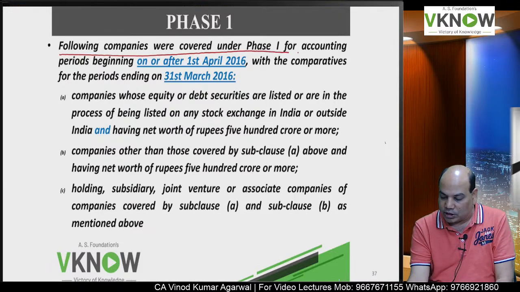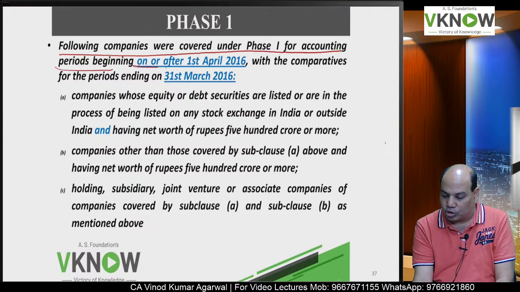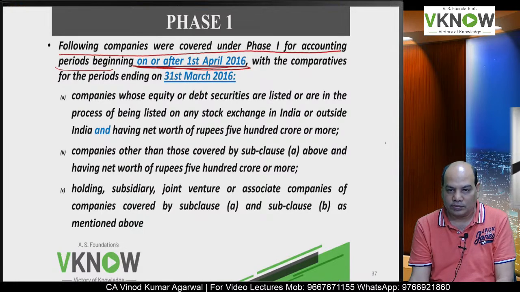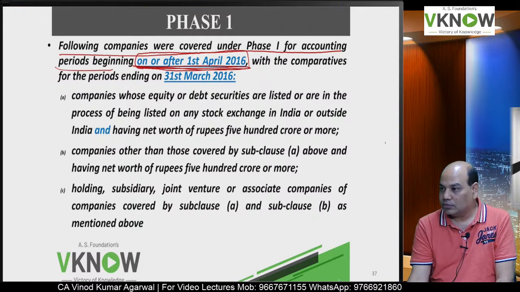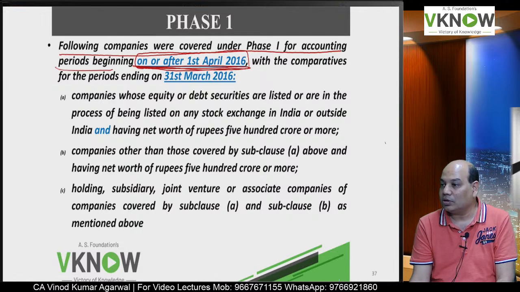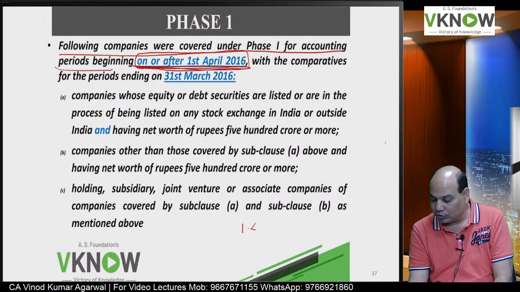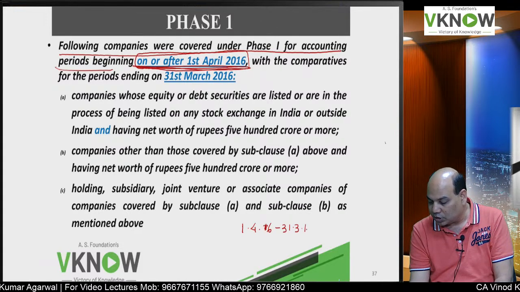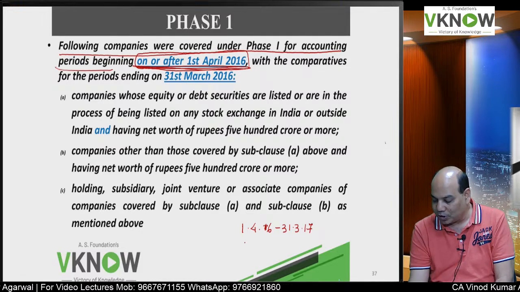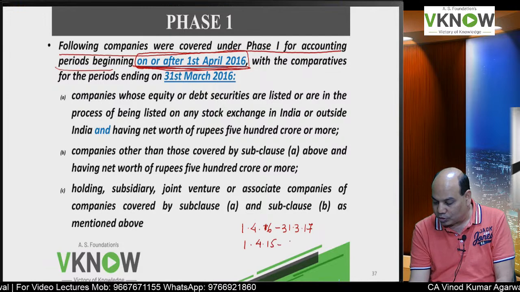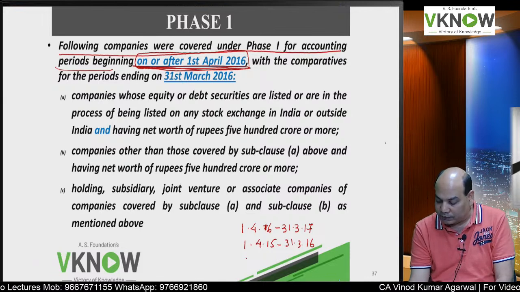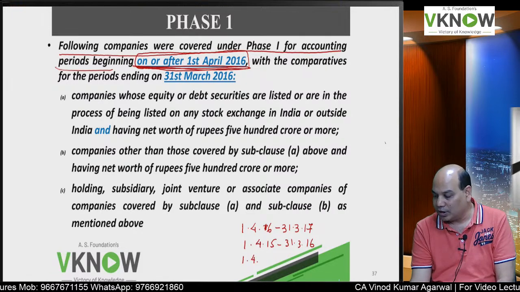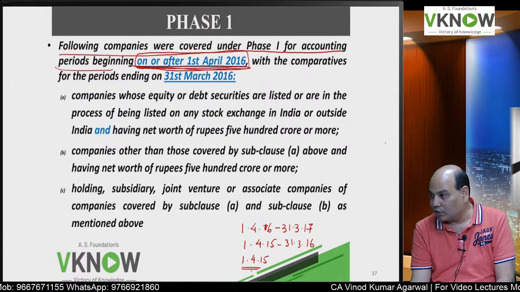Following companies were covered under phase 1 for accounting period beginning on or after 1st April 2016. That means in India, Ind AS actually started from the financial year starting on 1/4/16, but that is not enough. The year ending date will be 31st March 17, but for comparison purpose, you have to also give a financial statement of 15/16, plus in the first year when you apply Ind AS, you have to give one opening balance sheet also.